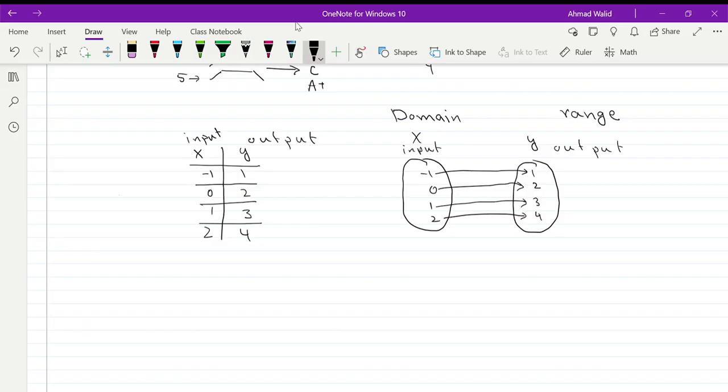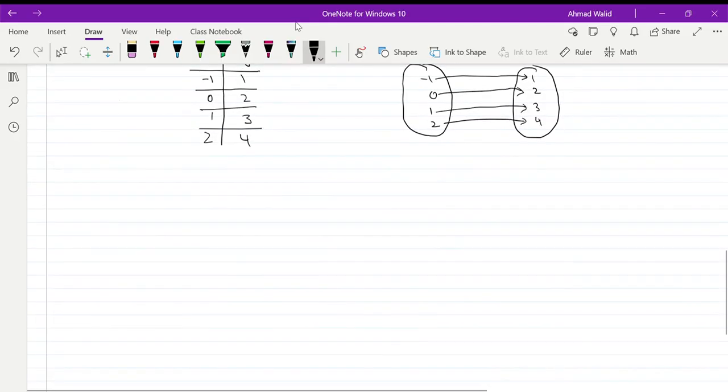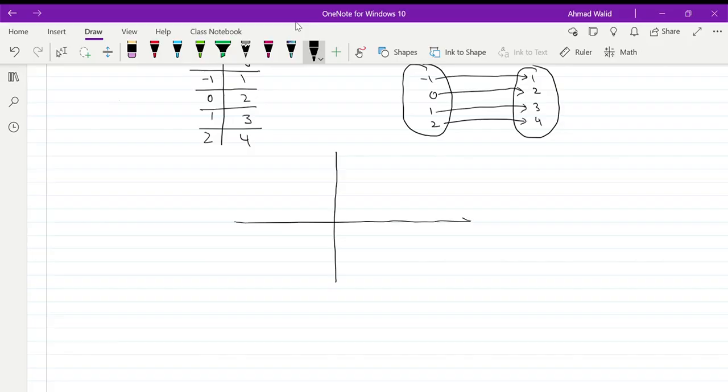If you see in a graph, when X is -1, this is the X axis, this is the Y axis, right? When X is -1, Y is 1, this point, -1 and 1.